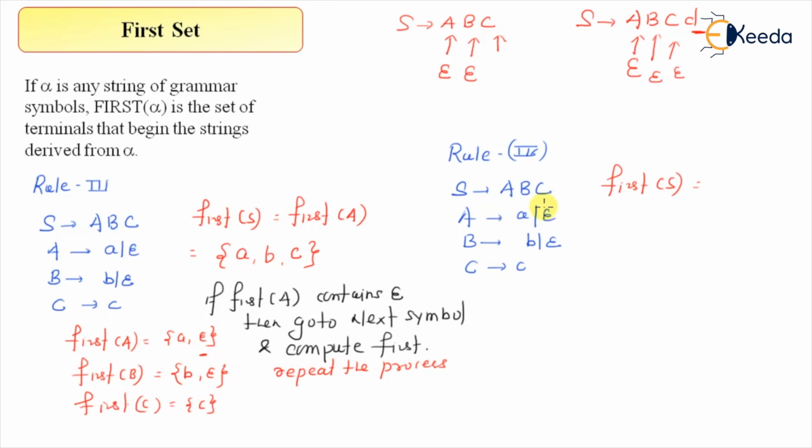First of capital A is small a, so I'll put small a and epsilon. Then I'll go to the next symbol.